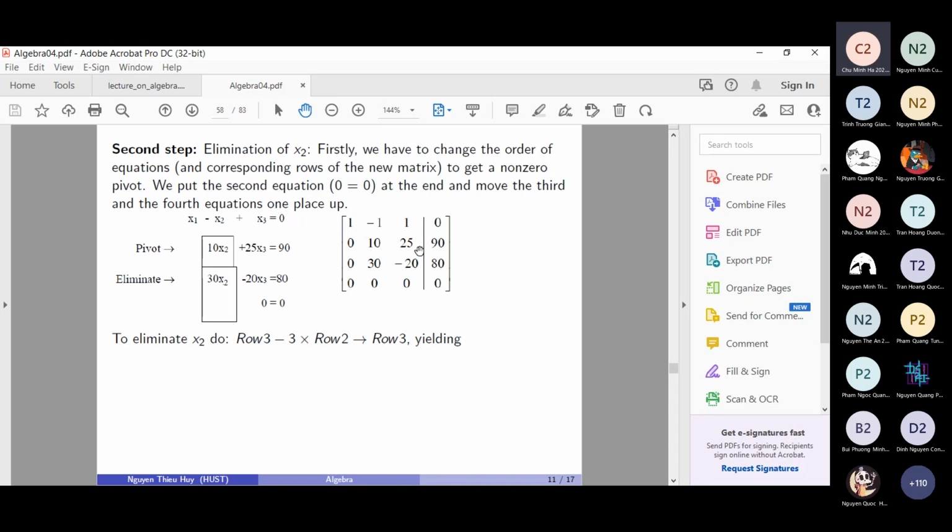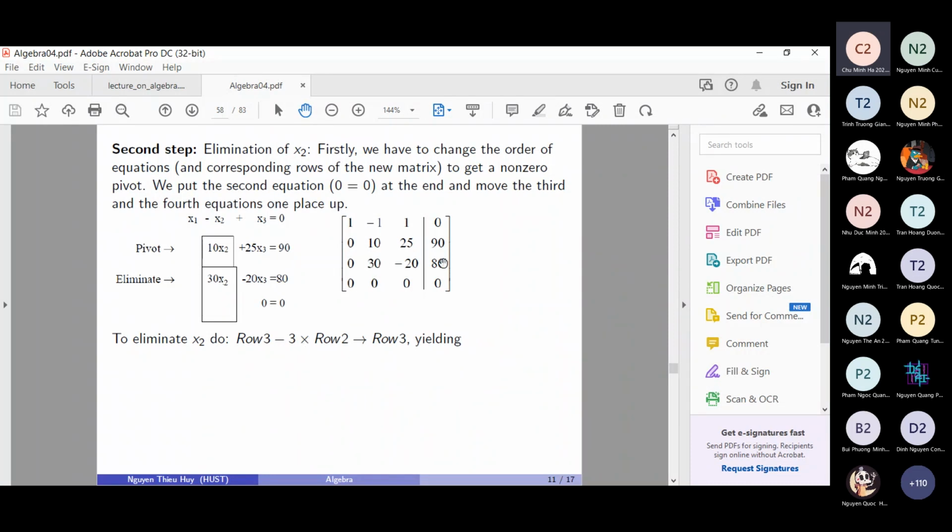So for the matrix, instead of doing it with equations, we are working with matrices, so we have to work only with numbers, not with variables anymore. So row 3 here minus 3 multiplied by row 2. Why 3? Because 3 multiplied by 10 is 30, and then minus is equal to 0.